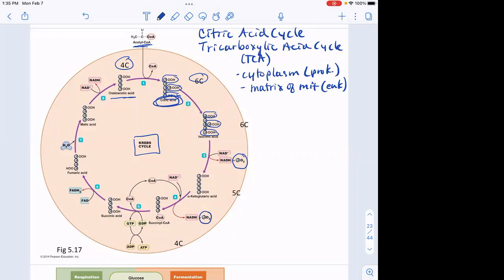If you remember back in that transition step, we lost a carbon to decarboxylation there as well. So that 3-carbon pyruvate that we ended glycolysis with, we've lost all 3 of those carbons. So all 6 of the carbons in that original glucose are now gone to carbon dioxide. That's kind of interesting to think about.